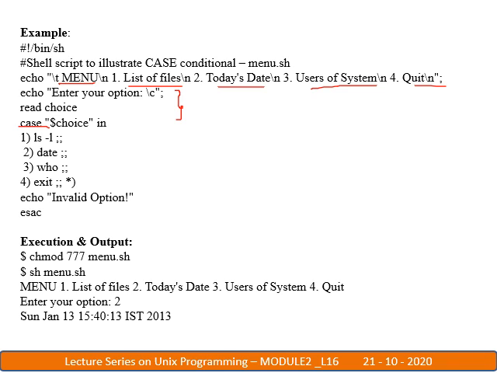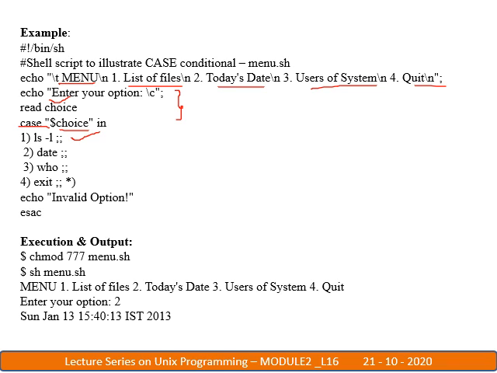The choice will be read into the variable $choice, whatever the value, whether it may be 1, 2, 3 or 4. If $choice is 1, this is the pattern followed by the parenthesis, then the list of files is displayed under pattern 1 using the command ls -l. This command is executed under pattern 1 if the choice matches 1, and it is ended with two semicolons.